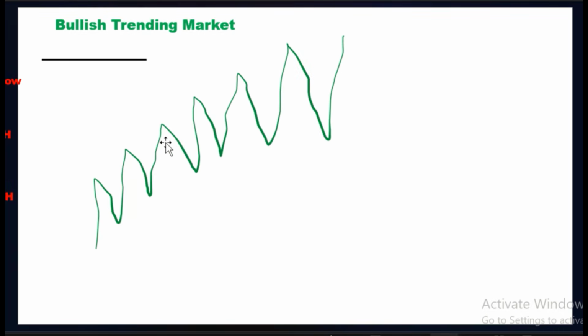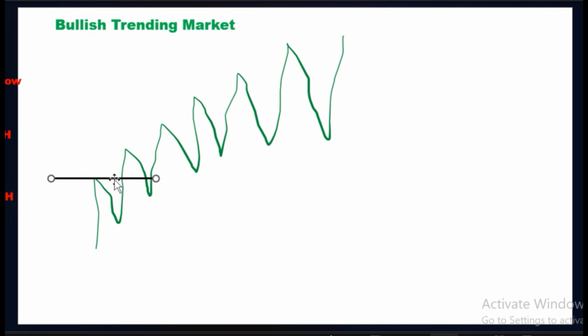Okay, so we are going to be considering a trending market. Now, clearly look at this, this is a bullish trending market, right? The reason this is bullish trending is because it's producing higher highs and higher lows. Higher highs and higher lows. Look at this. The last high, this is the high.